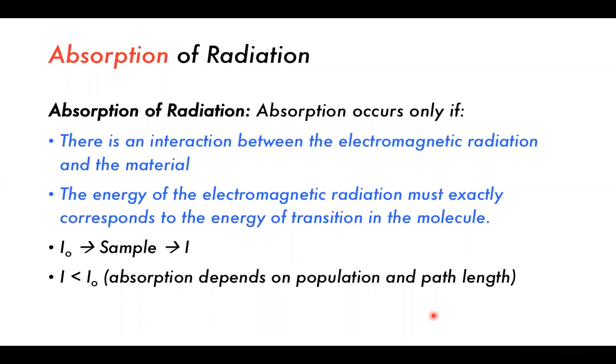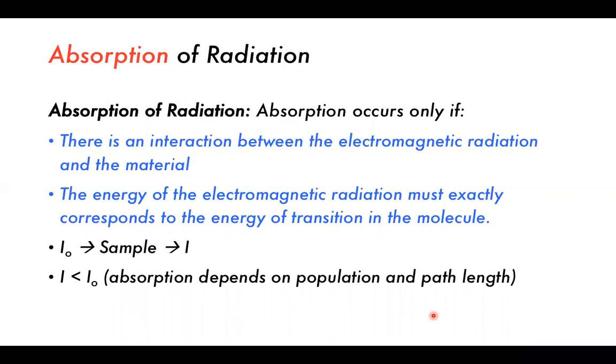So absorption of radiation is a very important property which we can utilize to make chemical measurements, or physical measurements of our chemical systems to get things like concentrations. The absorption of radiation occurs only if there is an interaction between the electromagnetic radiation and the material. That means the wavelength or the energy of the electromagnetic radiation has to match some property of the material.